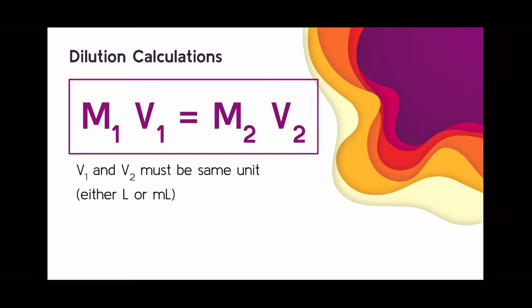It's fine if you use different units for volume as long as V1 and V2 are in the same unit. And if you choose to use milliliters for the volumes, you do not need to do anything to the molarities. It just works itself out. So if you change one of the volumes to milliliters, make sure the other one is in milliliters. Again, you don't have to do anything to the molarities.